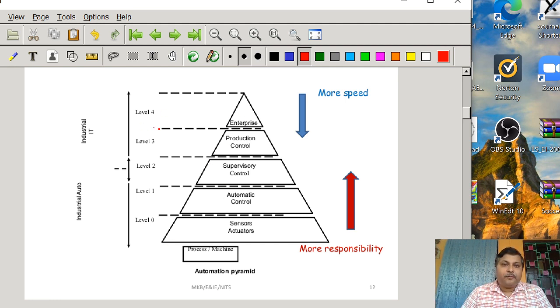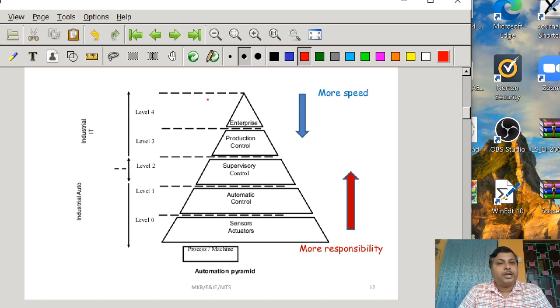Okay, so you will find that as the levels change, the humans involved in each level and their responsibilities are also going to be different. What I want to say is that the operators or engineers involved in level 0 and level 1 will have different responsibilities from those involved in level 2.